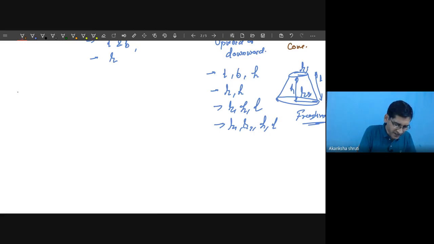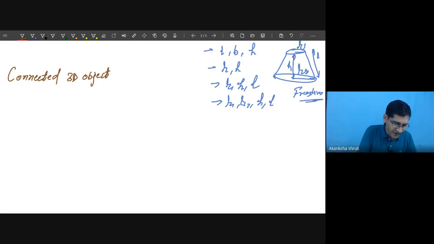So, connected 3D objects, or a combination of three-dimensional objects.